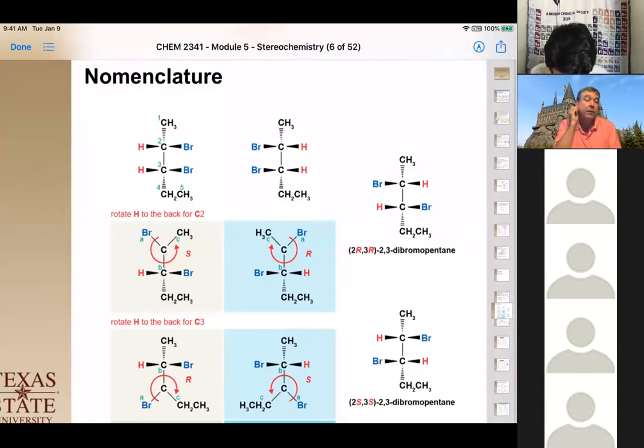So one way to do this when we have this Fischer projection is there's a different way where you don't have to redraw it. Let me show you the technique for that.